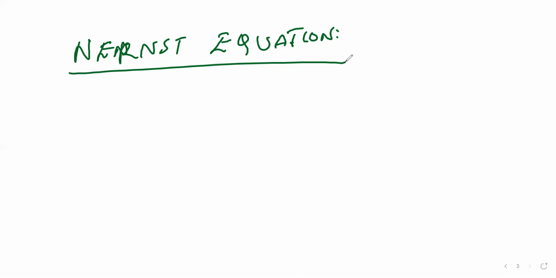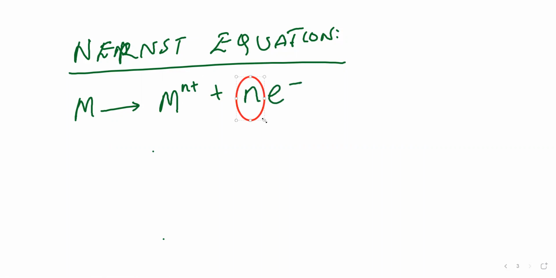The same thing I'm using: the metal gives metal ion plus n electrons, ne-. And in problems, we'll be using this n, the number of electrons. This will be used in problems for n.